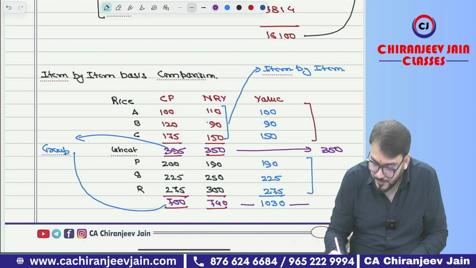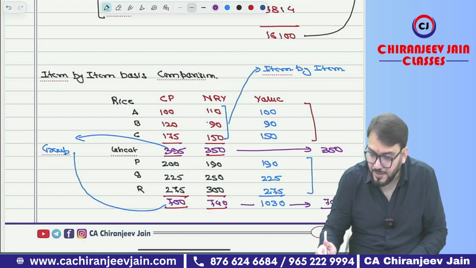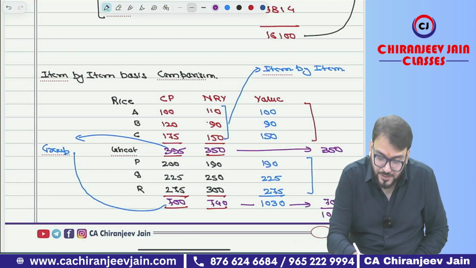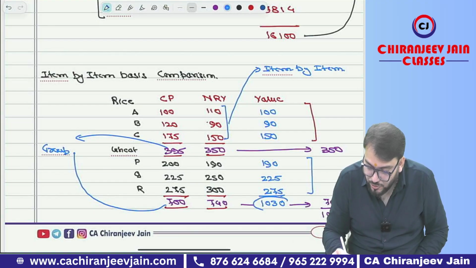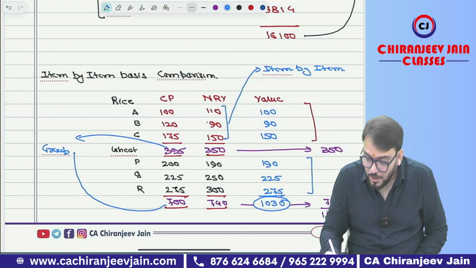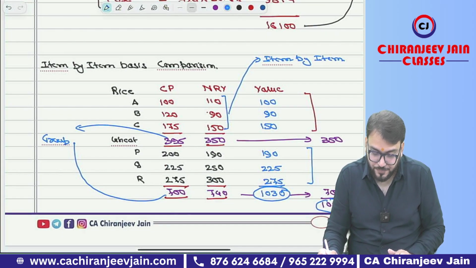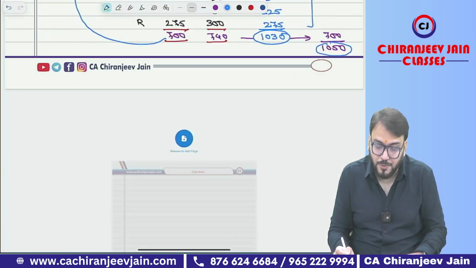So for these, it is 700. And the total is what? 700 plus 350 is equal to 1050. 1050 means on an item by item basis your answer is 1030. On a group basis your answer is 1050. Are you able to understand? And one is known as the overall basis.